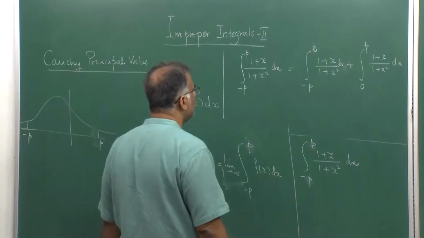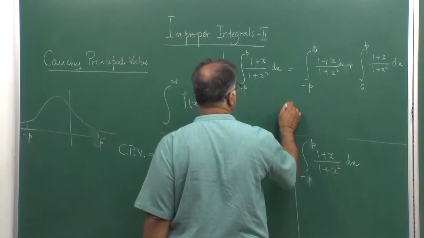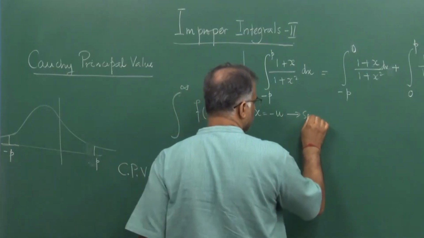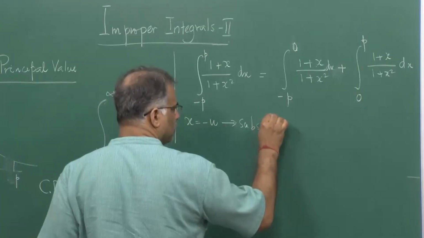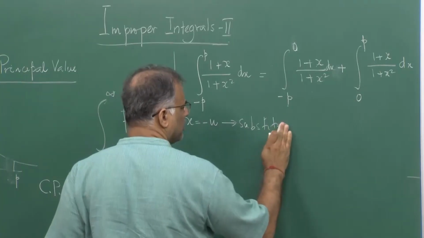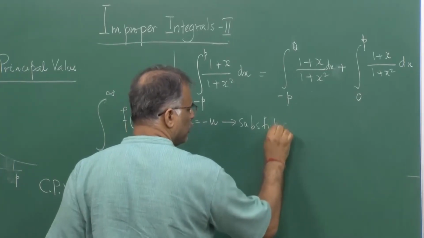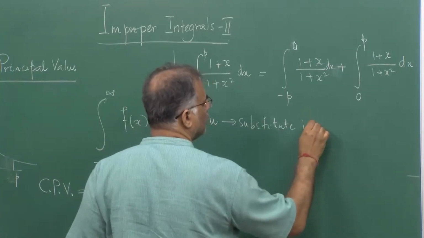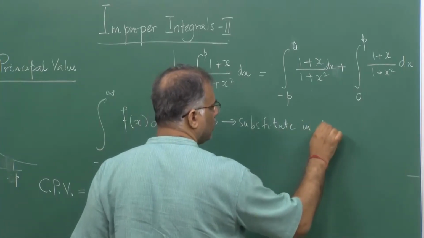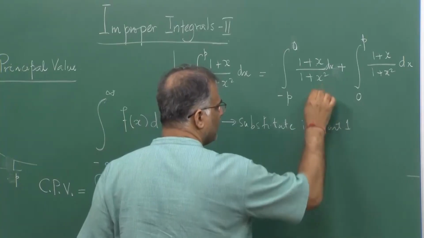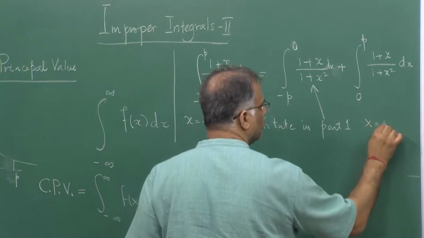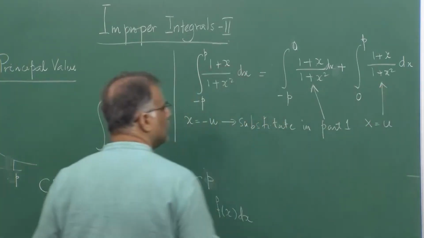Now, I can simplify this a bit. If I put x equal to minus u, substitute in the first part, and x equal to u, you substitute in this part. So, what would happen?